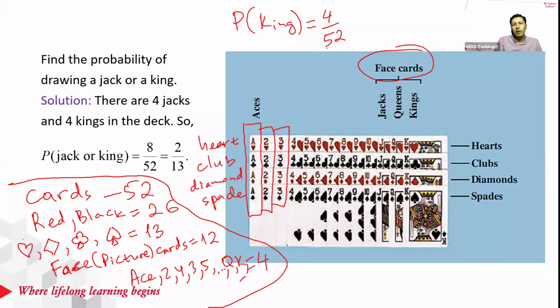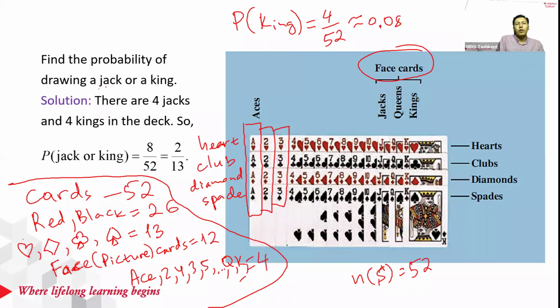If it's about cards, then N(S) will be 52. Probability of choosing a king is 4 out of 52. So 4 divided by 52 is approximately 0.08. There is an 8% chance to choose a king when you take a card from a deck of cards.